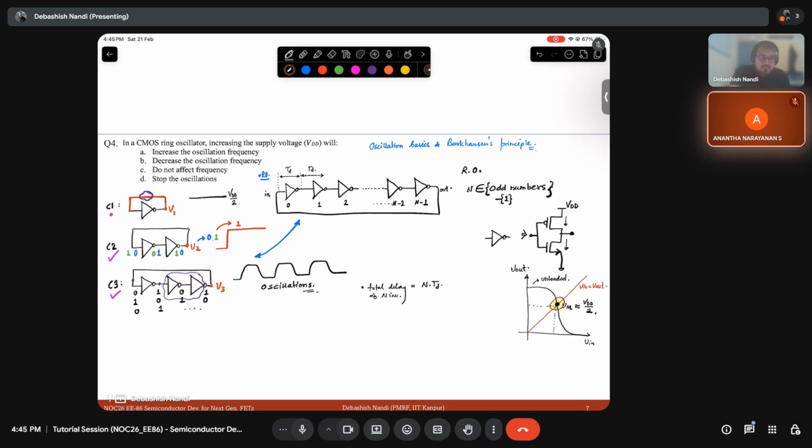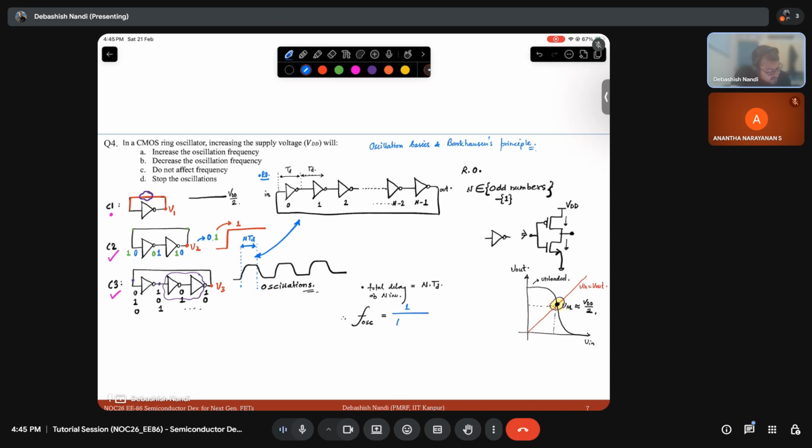So what will be the oscillation frequency? 0 to 1 is your n times TD. So what is the oscillation frequency? 1 by NTD, 1 by time period.